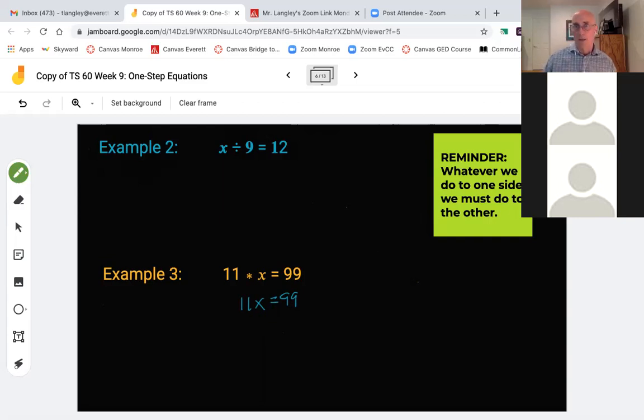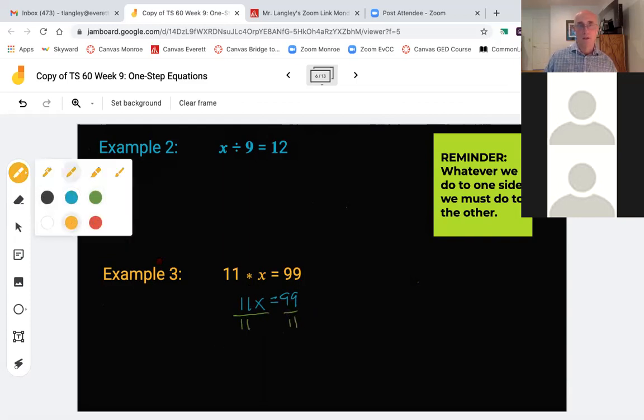Reminder on my slide, whatever we do to one side, we must do the other. What is the math going on the side of x? It's multiplication, right? How do we get rid of multiplication? By dividing. That's the opposite operation. So I'm going to divide this side by 11, and I'm going to divide this side by 11. And this will be nice and clean.